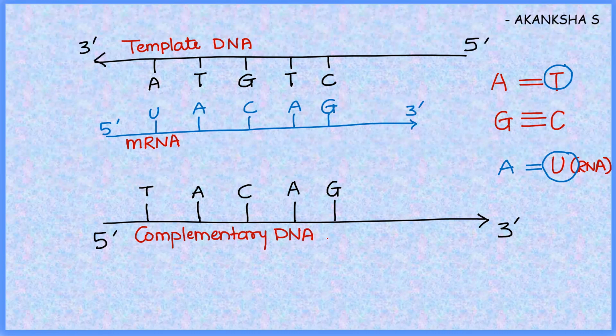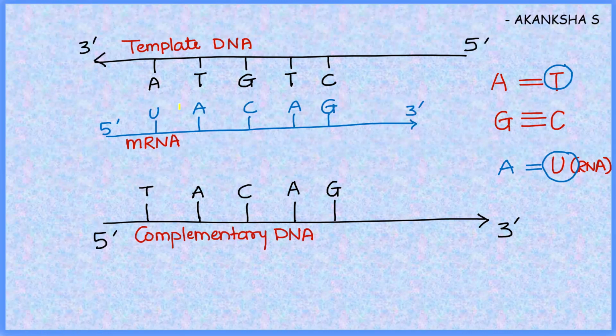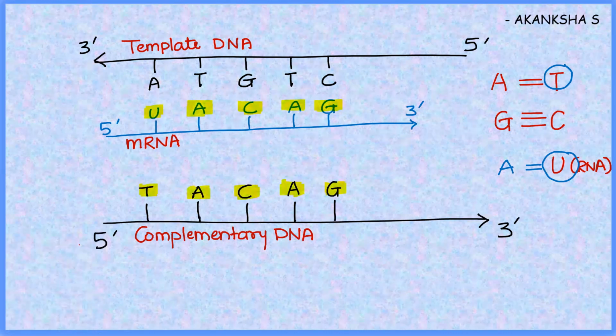What else can we talk about this? Can you see over here? Except for uracil and thymine, it is adenine, adenine, cytosine, cytosine, adenine, adenine, guanine, guanine. What does this indicate? This indicates that mRNA is almost similar to one of the strands in DNA.